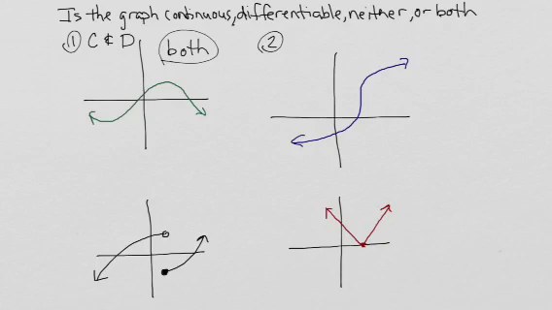All right, let's try number 2. First off, is it continuous? I'm looking for holes or vertical asymptotes. Don't have any, so yes, it's continuous. Now let's check to see if it's differentiable. Again, three things I'm looking for. Does it have a corner like a V or a cusp? The answer is no, so it's okay. The other thing I'm looking for is a vertical tangent line, and this one has it.